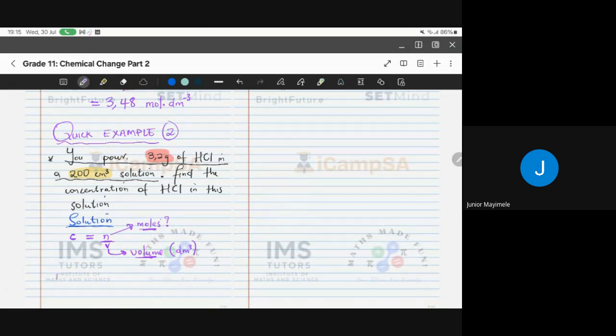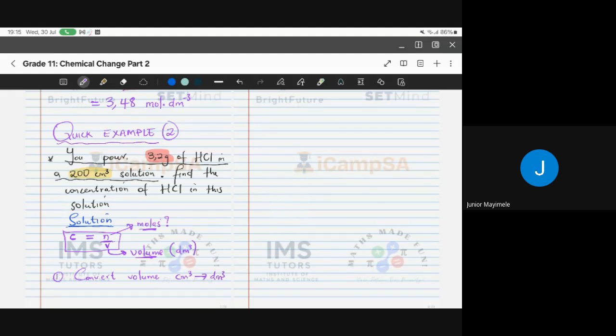You will never in your life use cubic centimeters and moles in this particular equation. If you do that, it's completely wrong. You must first make sure it's in cubic decimeters, always.